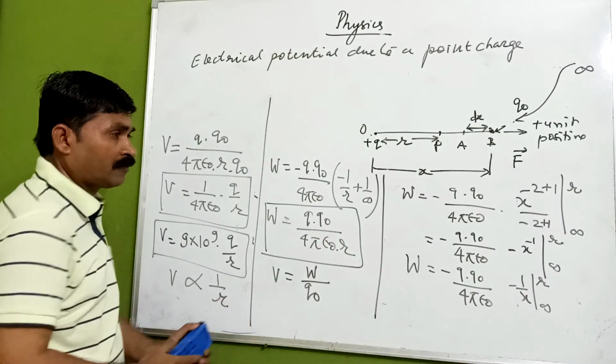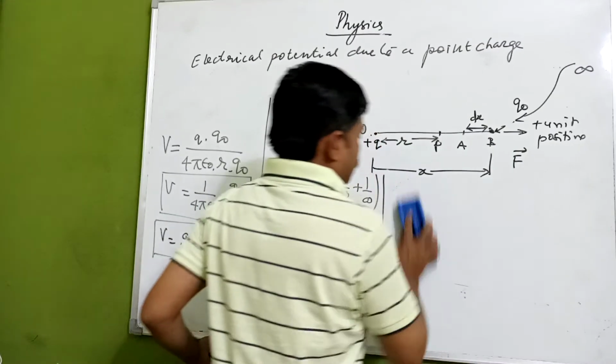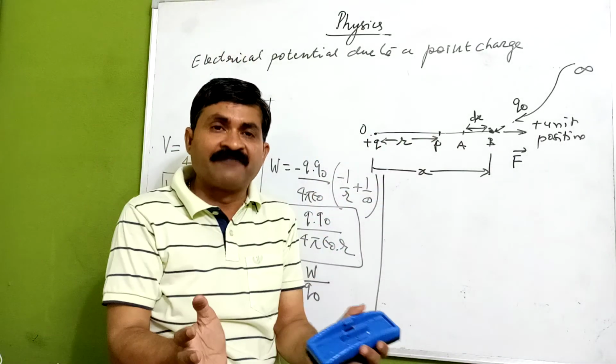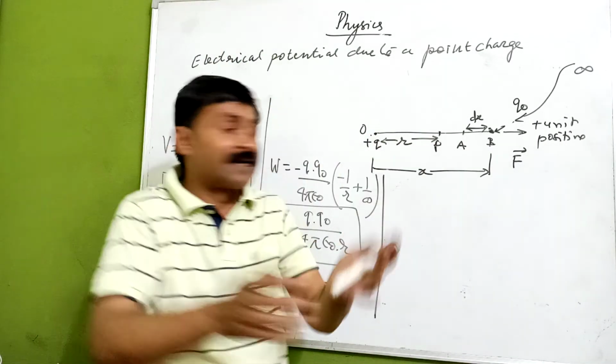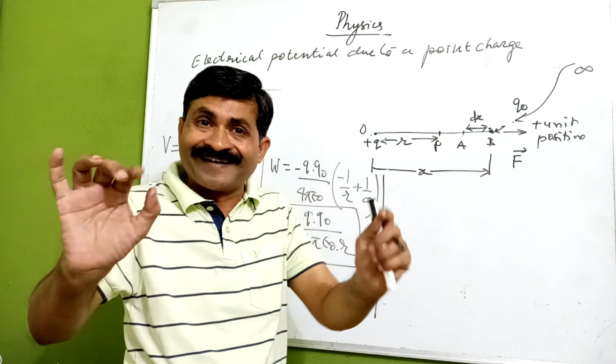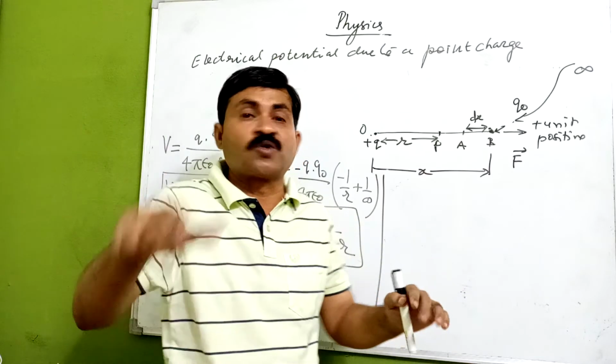Now see here what we have got, V is inversely proportional to r, which means as we are moving away from this, spherically in all directions, the value of r is going to increase, and as the value of r is increasing in all directions, the electric potential is going to decrease.